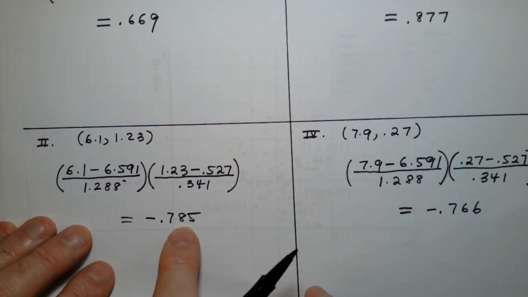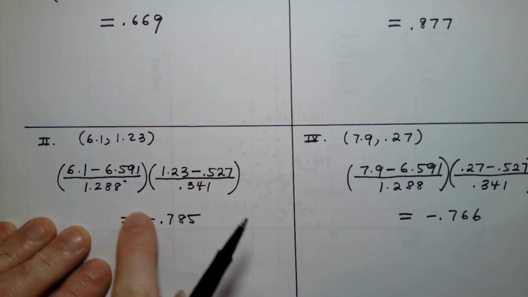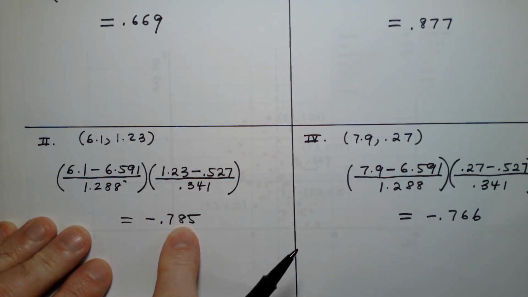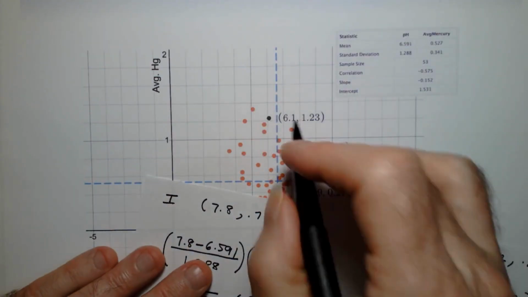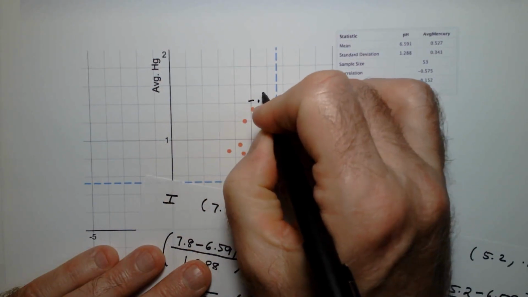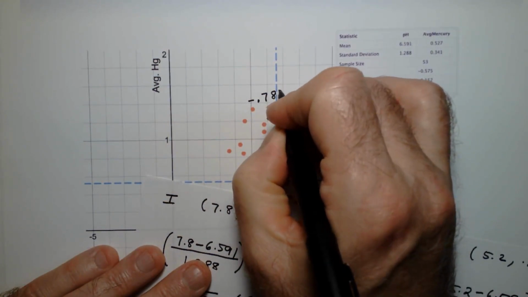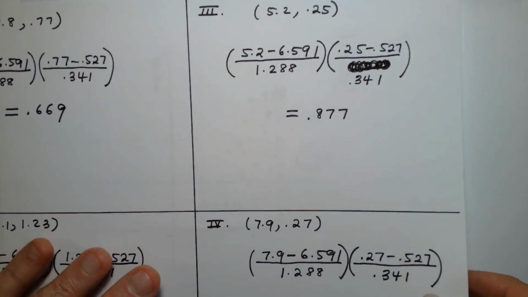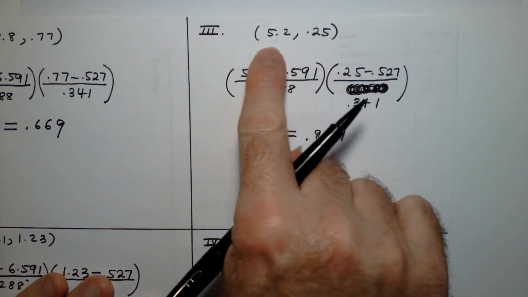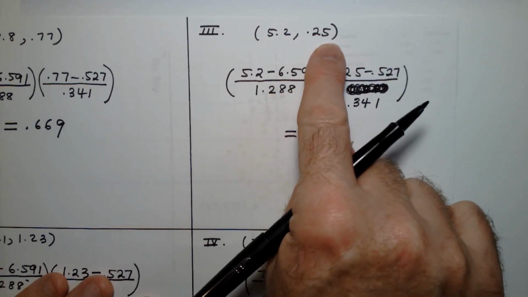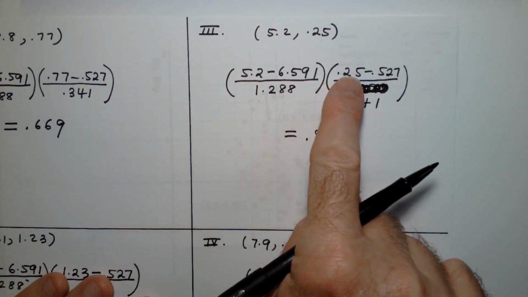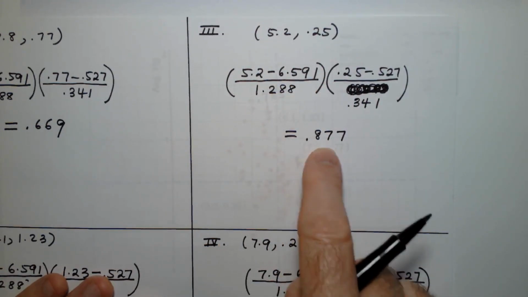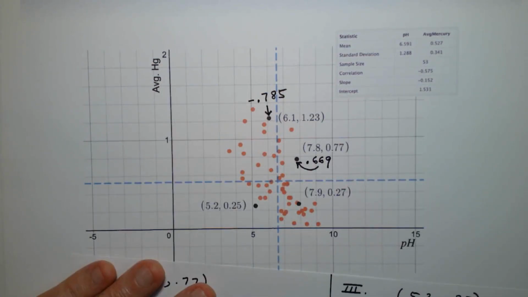But when we do that, we find that the point in quadrant 2 produces a product of negative 0.785. The contribution from the point in quadrant 3, which has coordinates 5.2 and 0.25, is going to be 0.877.